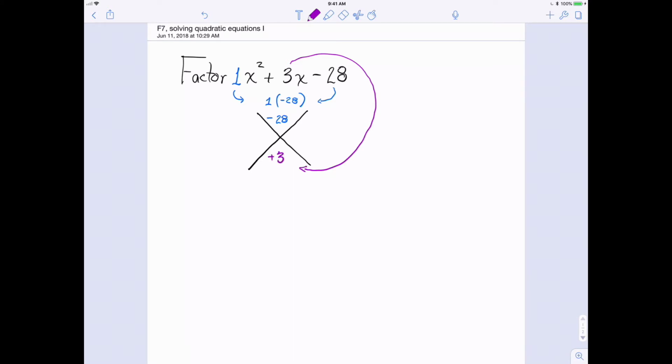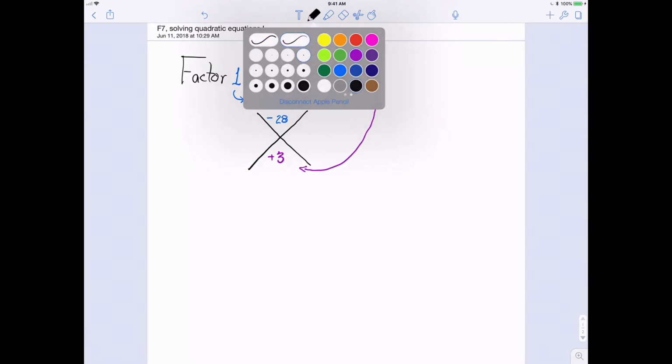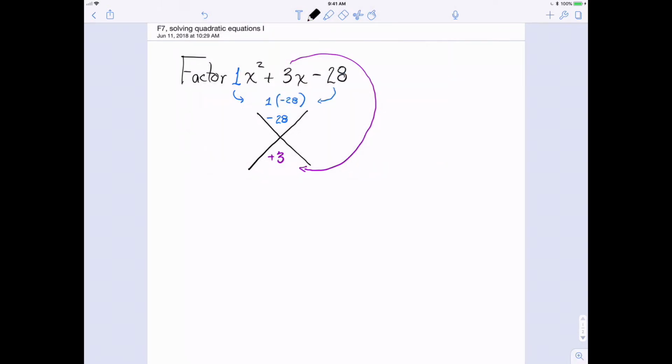The answers to our game need to multiply to negative 28, and they need to add to 3. So I think we have positive 7 and minus 4. There we go. So now we can start the problem.